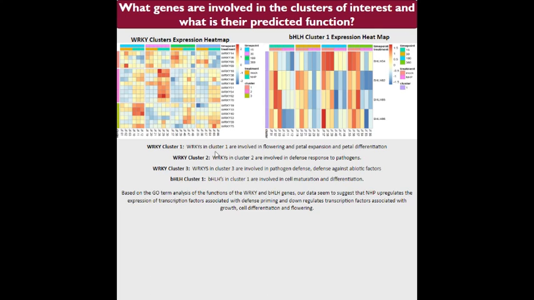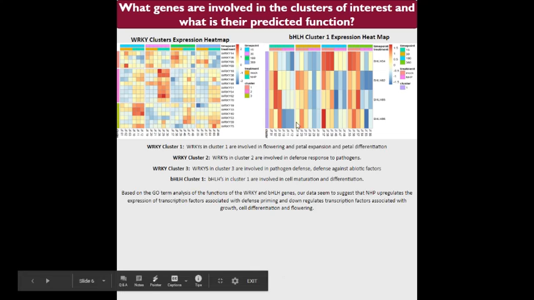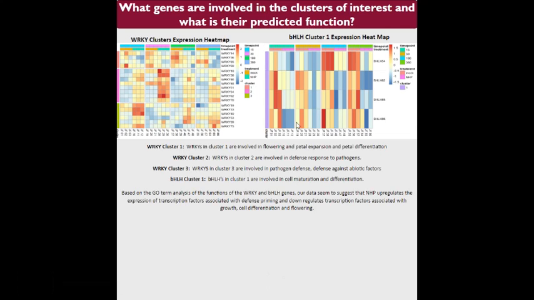Based on this, I've concluded that during SAR, genes that are related to flowering, growth, expansion and differentiation are in general downregulated, while genes related to defense are upregulated. This is consistent with what I knew about SAR going into the project.